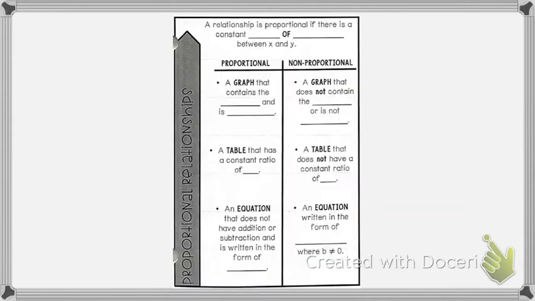Now let's go ahead and go to proportional relationships. So the relationship is proportional if there is a constant rate of change. So let's look at a t-chart with proportional and non-proportional. In the first bullet point, proportional graphs contain the origin and are linear.